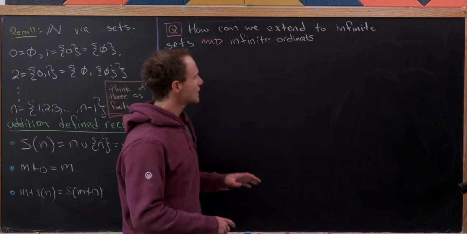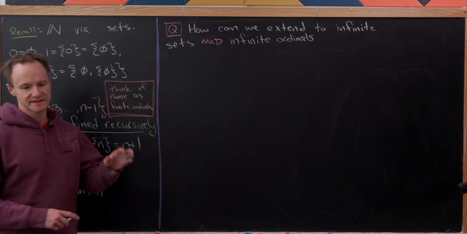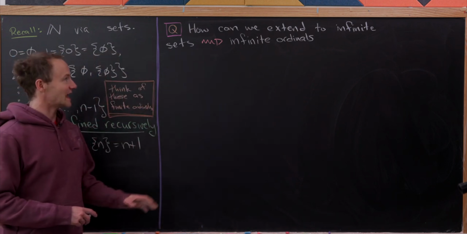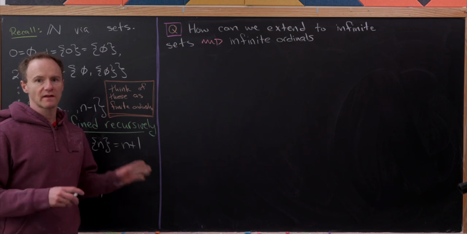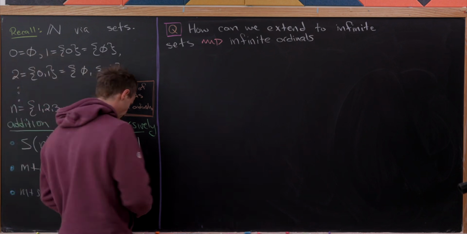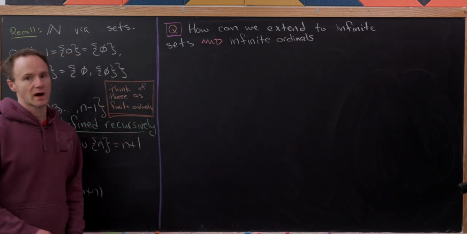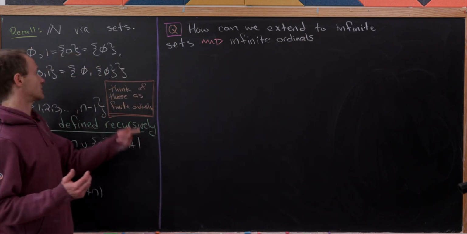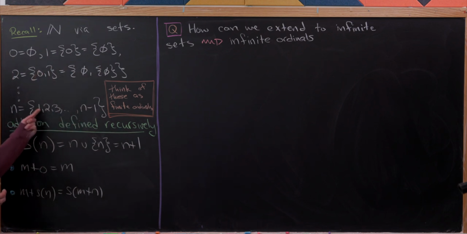Okay, so our main question that we want to talk about today is how can we extend this to infinite sets, or in the language today, infinite ordinals? And, well, first we're going to look at something called the set of all natural numbers, which we haven't talked about here. We've just talked about individual natural numbers.